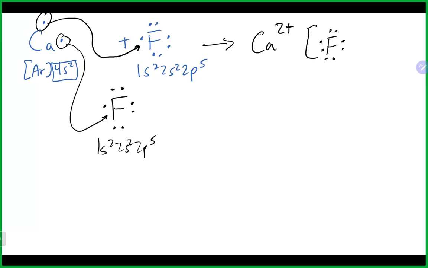I'll just circle it here. And that also means because it only really gained one electron, it has a -1 charge, but we also have a second fluorine that did the same as well and has gained one electron there and now also has a -1 charge.